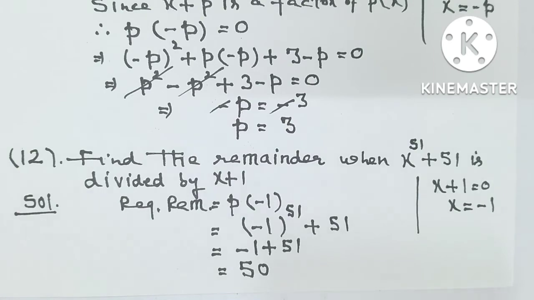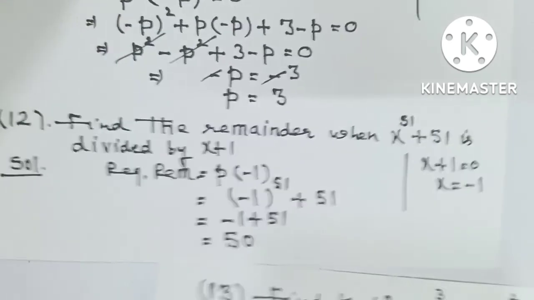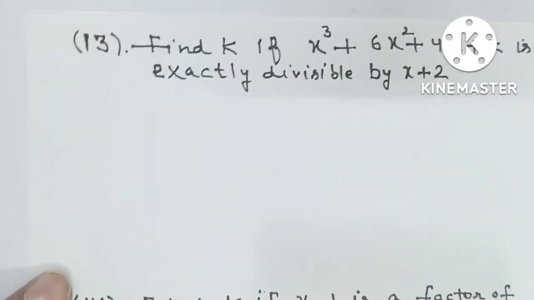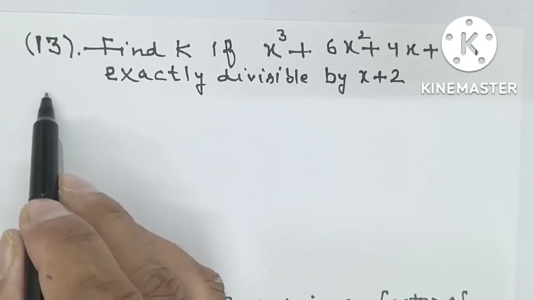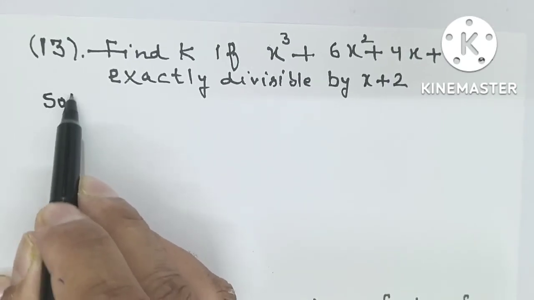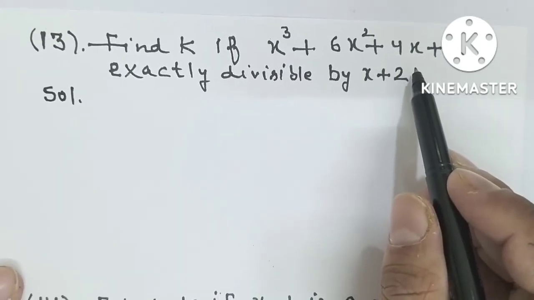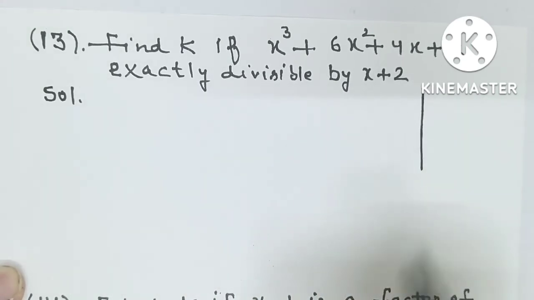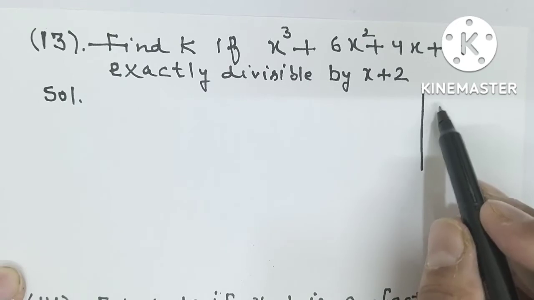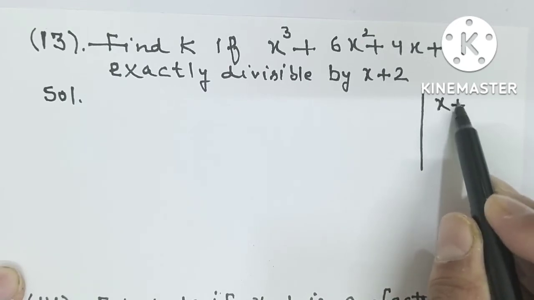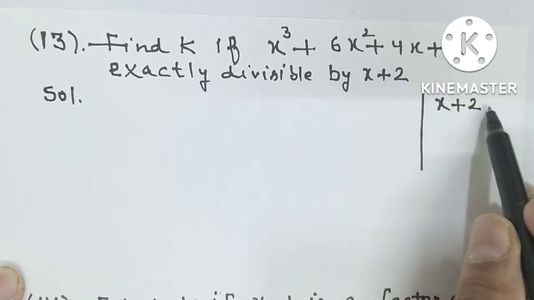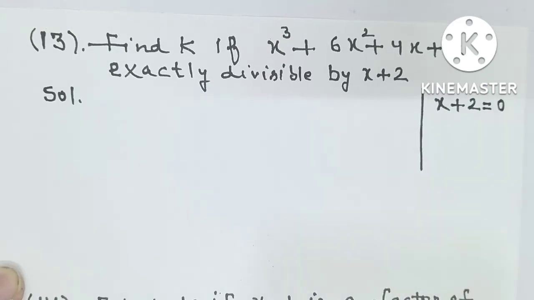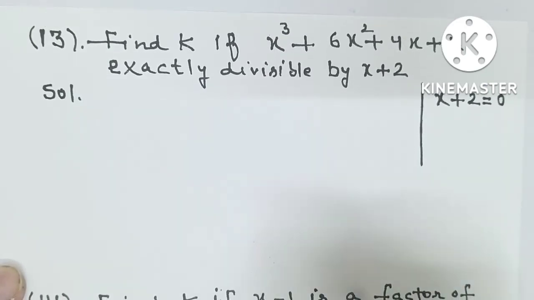Now we will proceed for question number 13. Find k if x cube plus 6x square plus 4x plus k is exactly divisible by x plus 2. Exactly divisible by x plus 2 means x plus 2 is a factor of this polynomial. We will equate x plus 2 to 0.